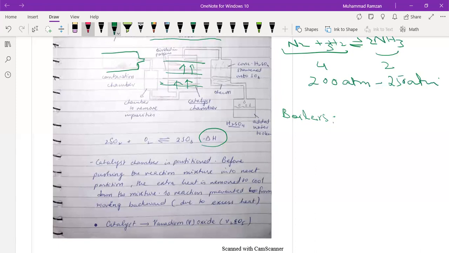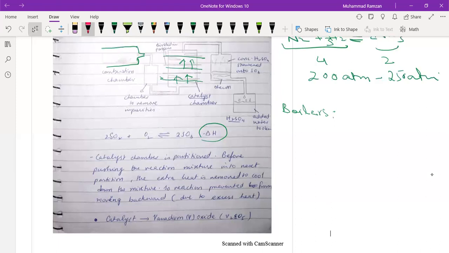And second, it will prevent the backward reaction. This is, you can say, the improvement in the chemical process.